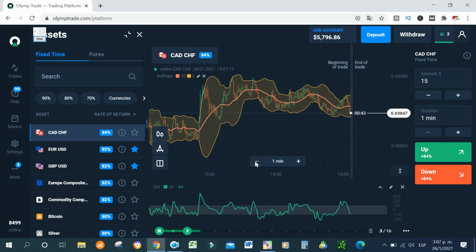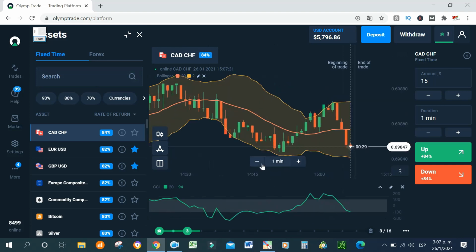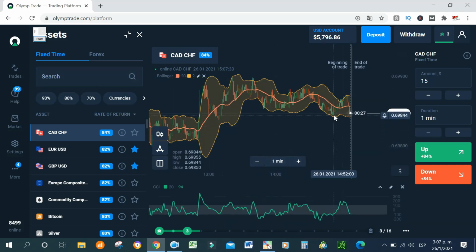Also, something else that I explained in one of the previous videos is that we can combine this strategy with the price action. We can analyze the price action, like in this case, for example, we can see that we also have a support level, which is right here.